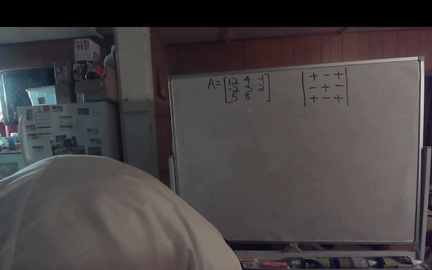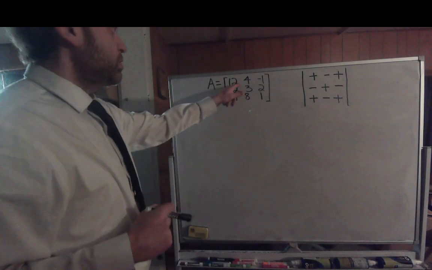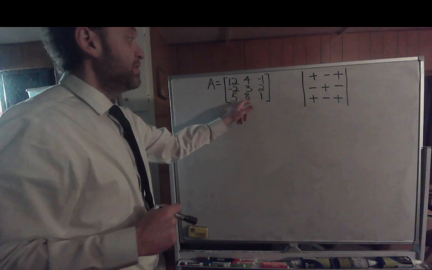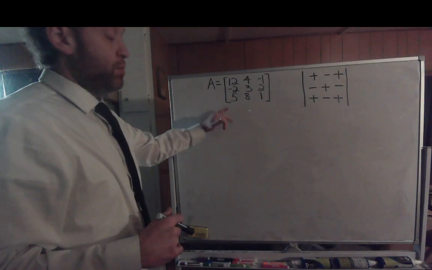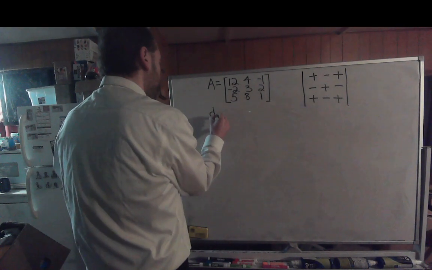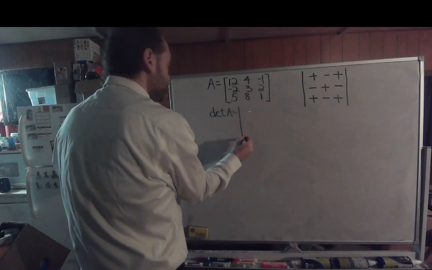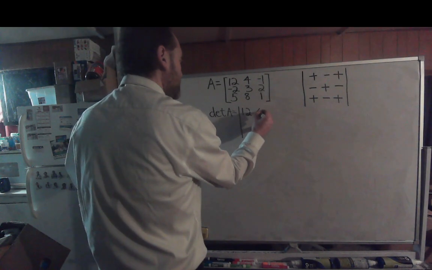Is that +1? Yes. Okay. So matrix A has entries 12, 4, -1, -2, 3, 2, 5, 8, and 1. So we are going to evaluate the determinant of this 3 by 3 matrix. So we will set up, of course, what looks like that giant absolute value sign. You take all these entries and put it inside of that.